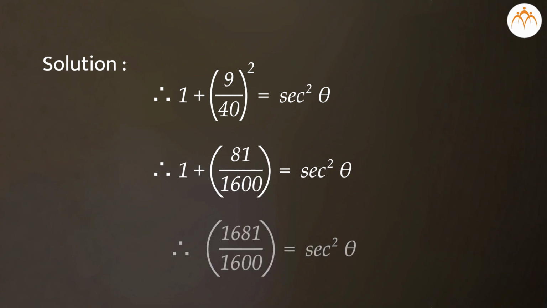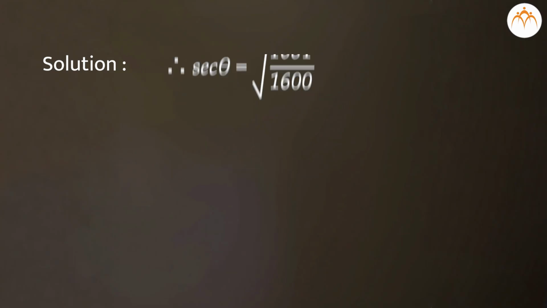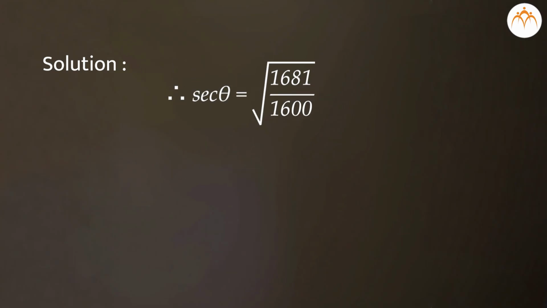Therefore, 1681 upon 1600 is equal to sec square theta. Therefore, sec theta is equal to square root of 1681 upon 1600. Therefore, sec theta is equal to 41 upon 40, equation 2.